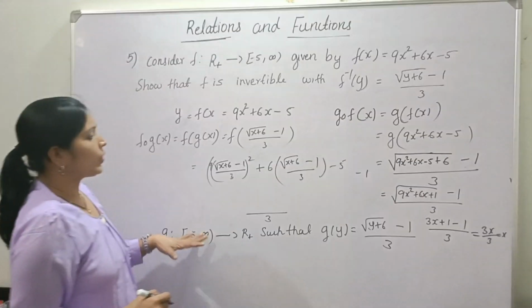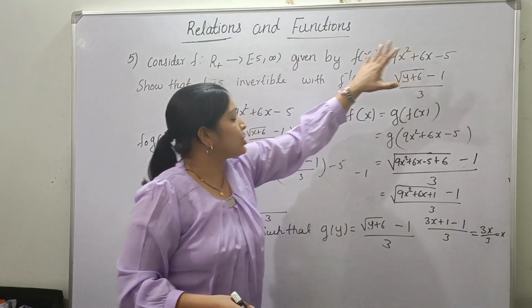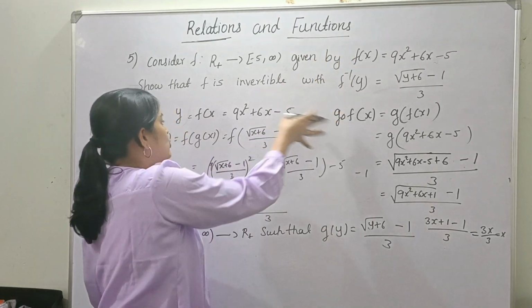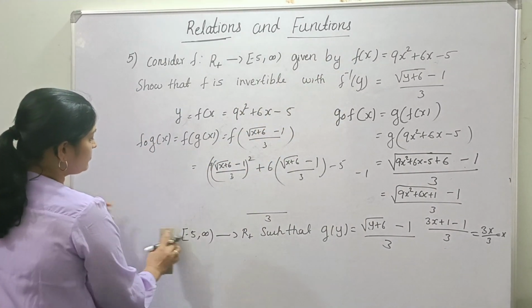Don't be confused. Here in place of x we should substitute this expression, because our f of x is this one, so f of this one is substituting x with this expression.